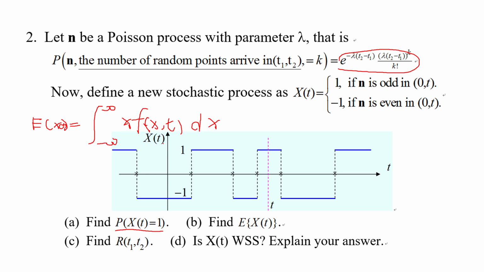But in this case, f_X(t) should be a probability mass function because this is a discrete random variable.